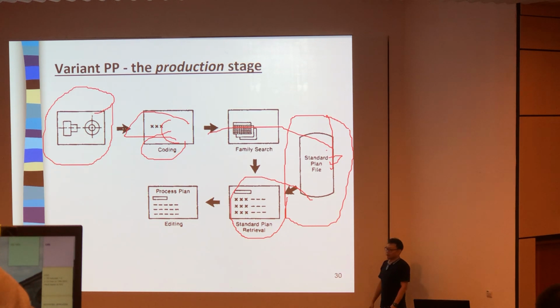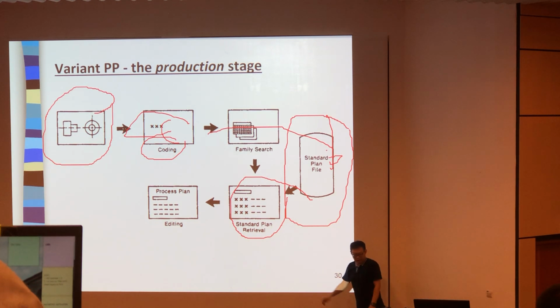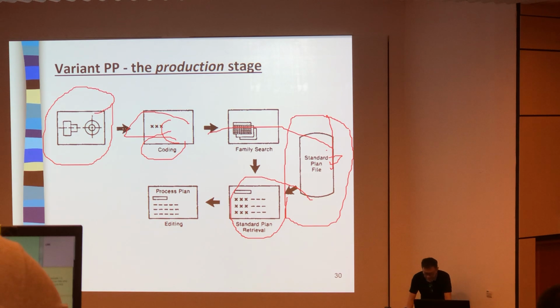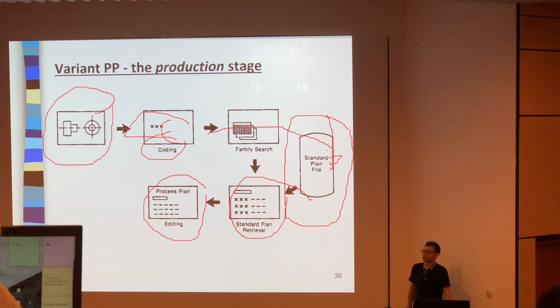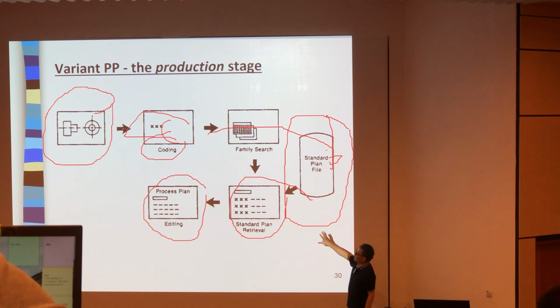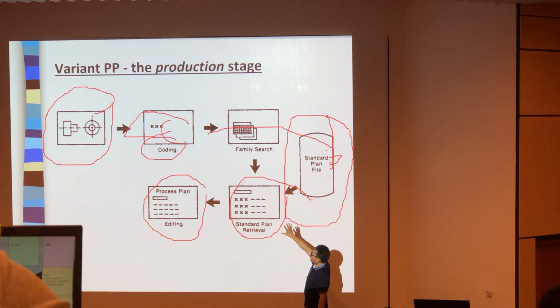This stage, of course, is automatically retrievable. But the final part is still required, which means the standard plan will most likely meet the requirement of the new component, but it will most likely be a bit redundant as well.